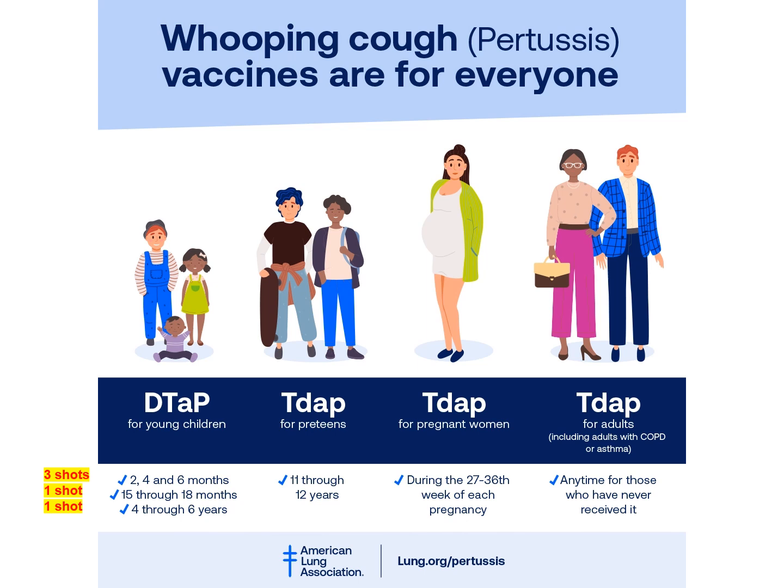Then 1 more shot at 4 to 6 years old. This injection is a combination of other disease vaccines as well, and it's called DTaP. We're only talking about the P for the DTaP, which stands for pertussis.